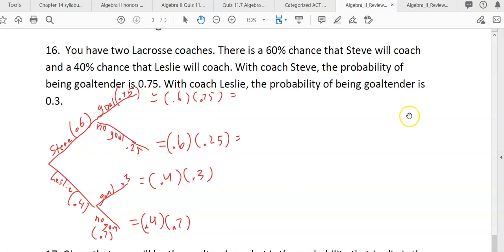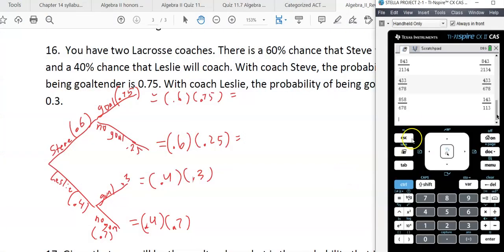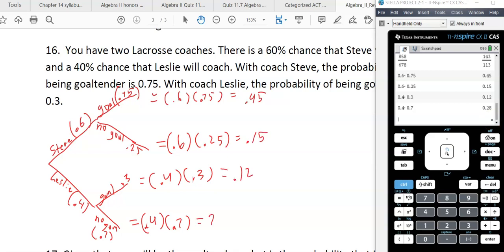So I'm going to calculate these out. 0.6 times 0.75, 0.6 times 0.25, 0.4 times 0.3, and 0.4 times 0.7. Okay, so 0.45, 45% of the time, 15% of the time, 12% of the time, and 28% of the time. If you add those up, it should add up to 100% or 1.